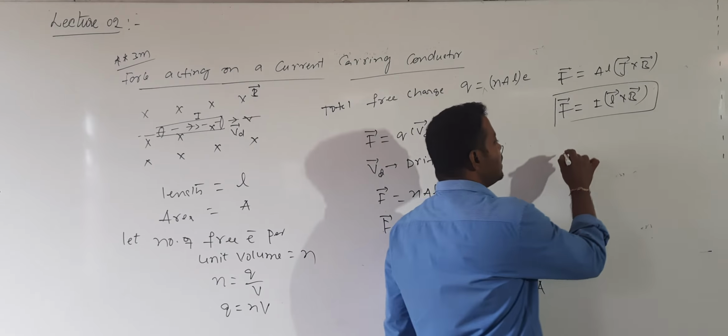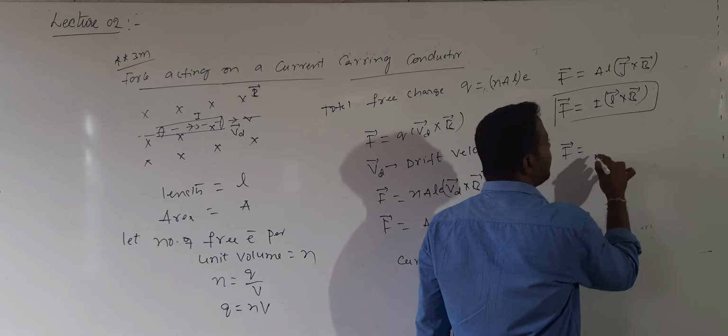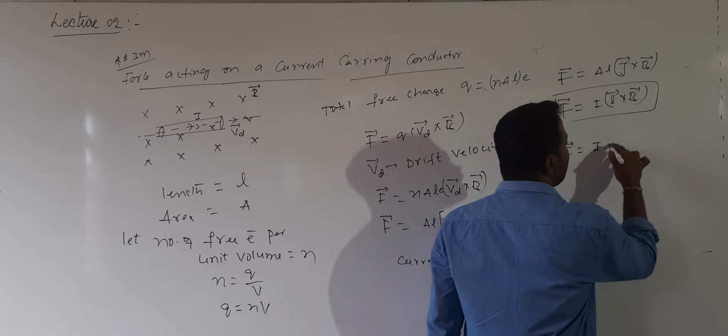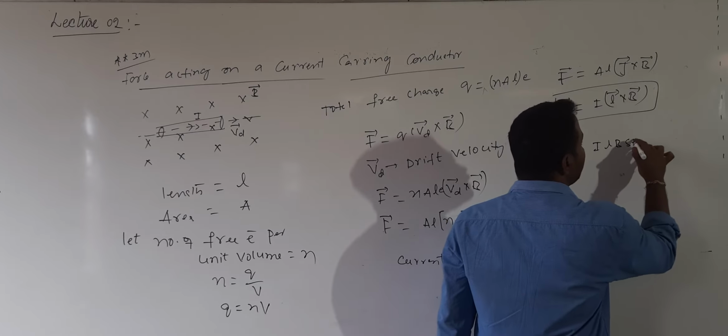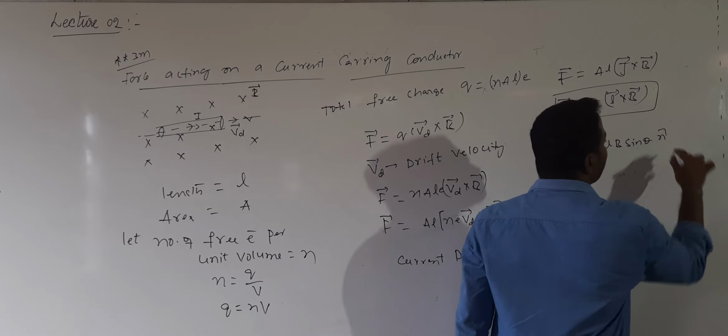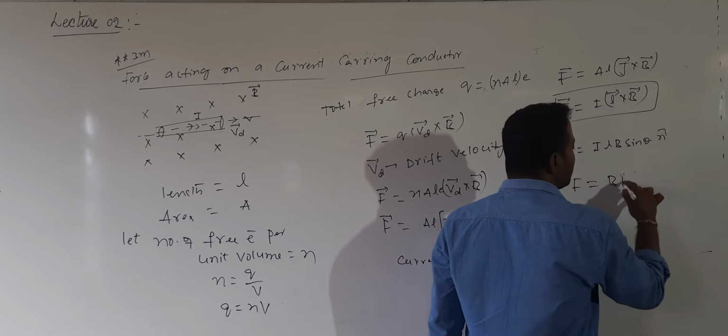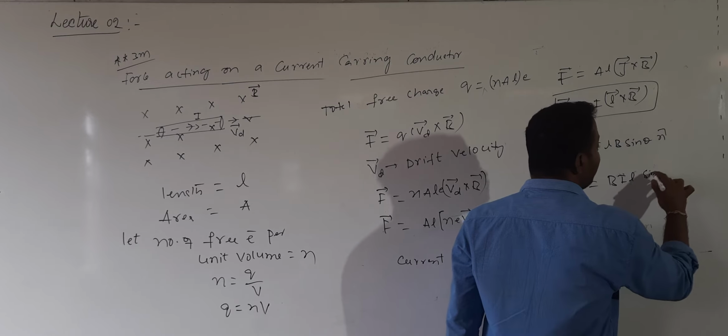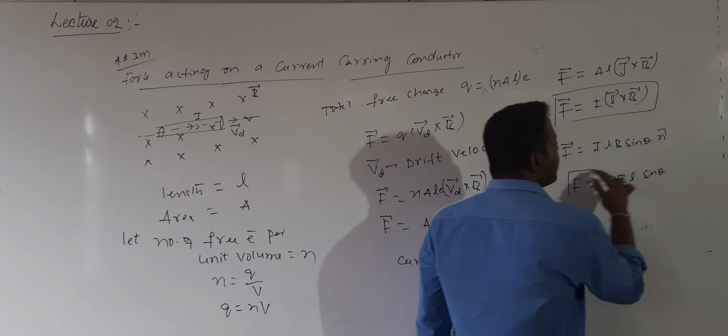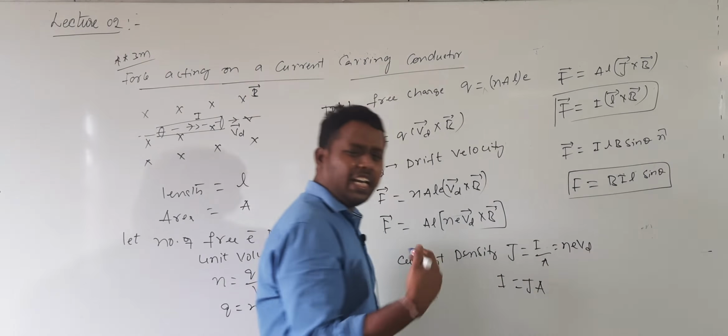Understood? This can also be written as F bar is equal to I into L into B into sin theta into n cap. If I want only the magnitude, it is given by F is equal to BIL sin theta. You can remember it easily, BIL, like any bill.